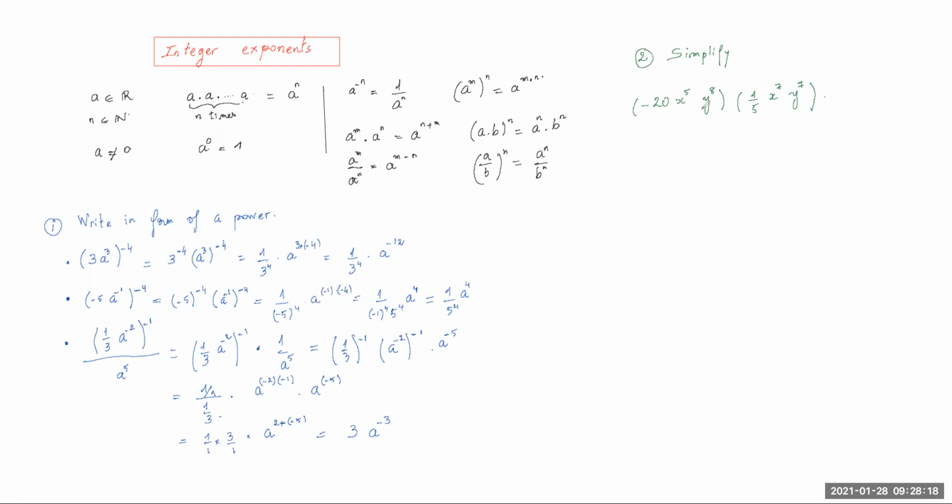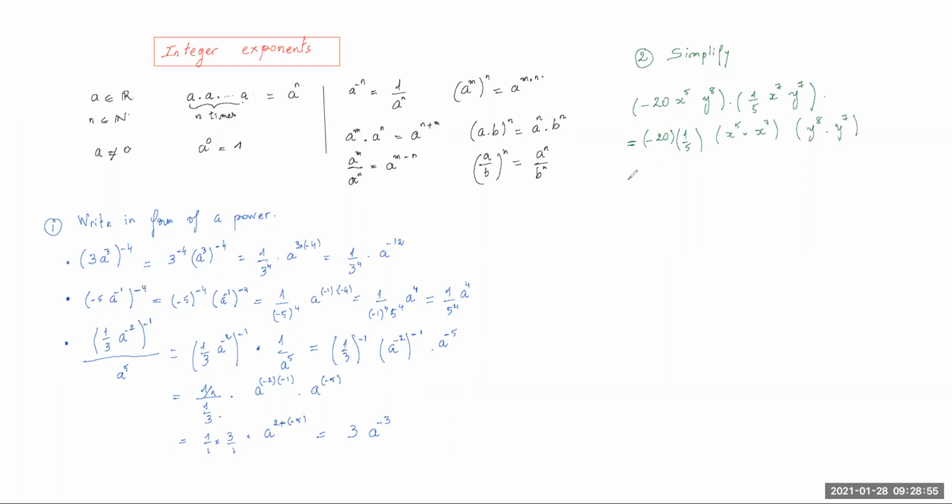It's already simplified. I cannot do much for this one. This one also I cannot do. But now together I have a product. So I have multiplication, operation multiplication is commutative. So I can move terms and the associative. So I can do it without keeping the order. So for me, what is important is that I regroup the numbers together and I regroup the x's together because then I can work with the powers, see if I can regroup terms or not. So I do the same for y's.